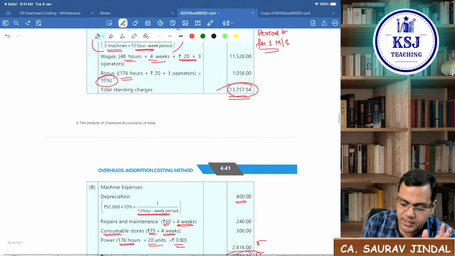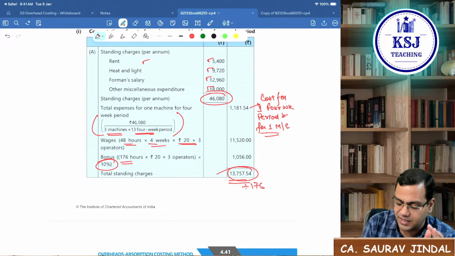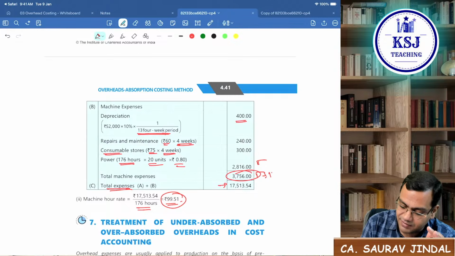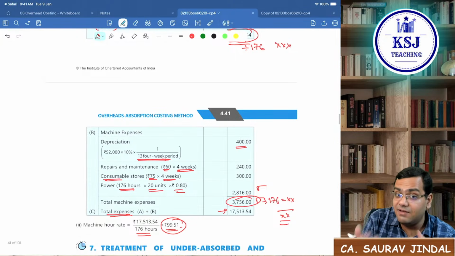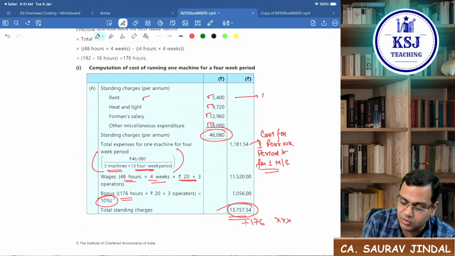Now with regard to the presentation, I would say there is no hard and fast rule. What you can do is calculate the machine hours. You can here itself divide these standing charges by 176 and you will get a value. This variable you can divide by 176, you will get a value, and then the total machine hour rate. Or for each individual item you can directly calculate the hourly cost.